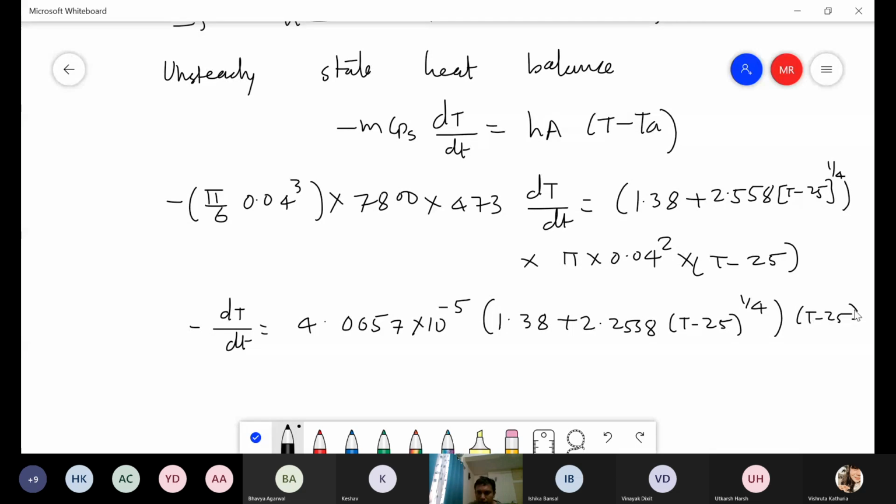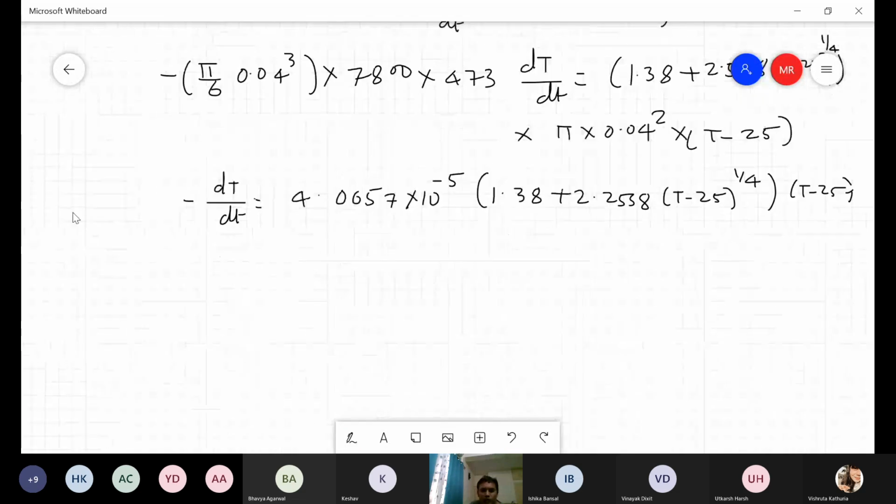Again, if we rearrange the terms, what are we going to get? Is it correct? Yes, sir. So now we can rearrange the terms.